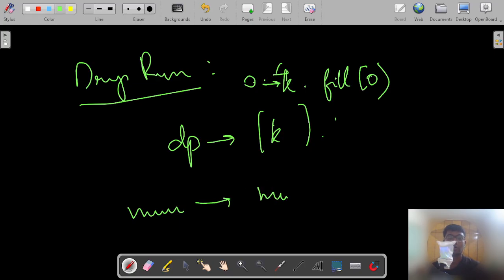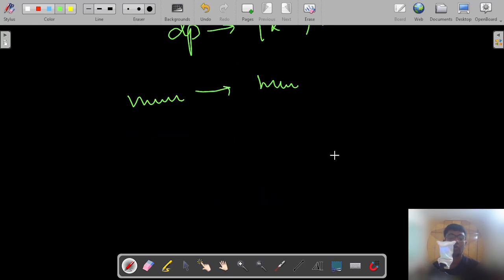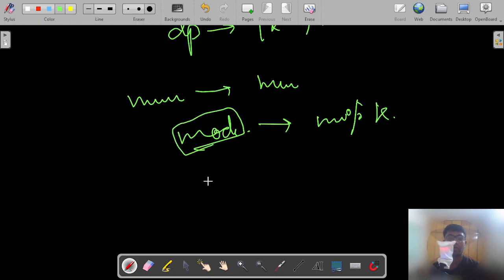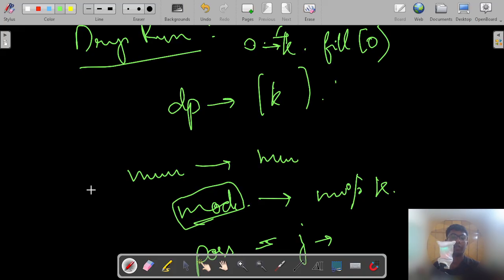And now I'm going to look at each num in the nums array, and I'm going to check the mod of the specific num by k. This would give me a mod value of the current number, and I'm going to say position equals that mod value, with a j variable going from 0 to k.